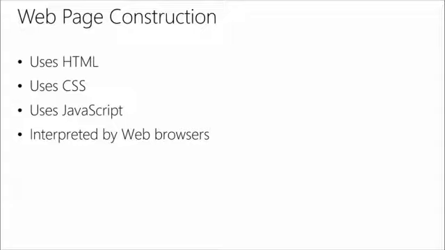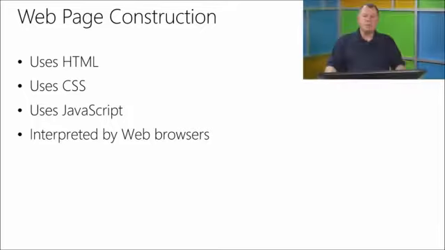So with web page construction, especially with the introduction of HTML5, which is the latest standard from the World Wide Web Consortium, the group that maintains the standards for HTML and for web technologies, HTML5 now includes three technologies that complement each other: HTML, the hypertext markup language; CSS, known as cascading style sheets; and JavaScript, which adds functionality to our applications.